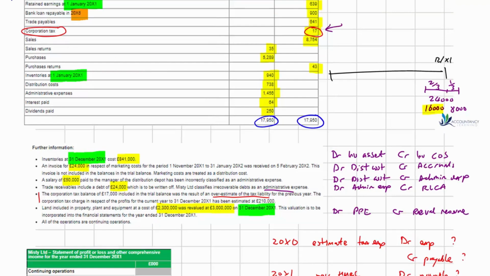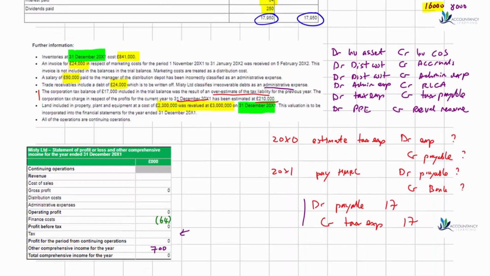The corporation tax charge in respect of profits for the current year to December 20x1 are estimated at 210,000. So we need to recognise that we have an estimate for this year's tax, and that's going to be, like we saw just now, debit our tax expense and credit tax payable.